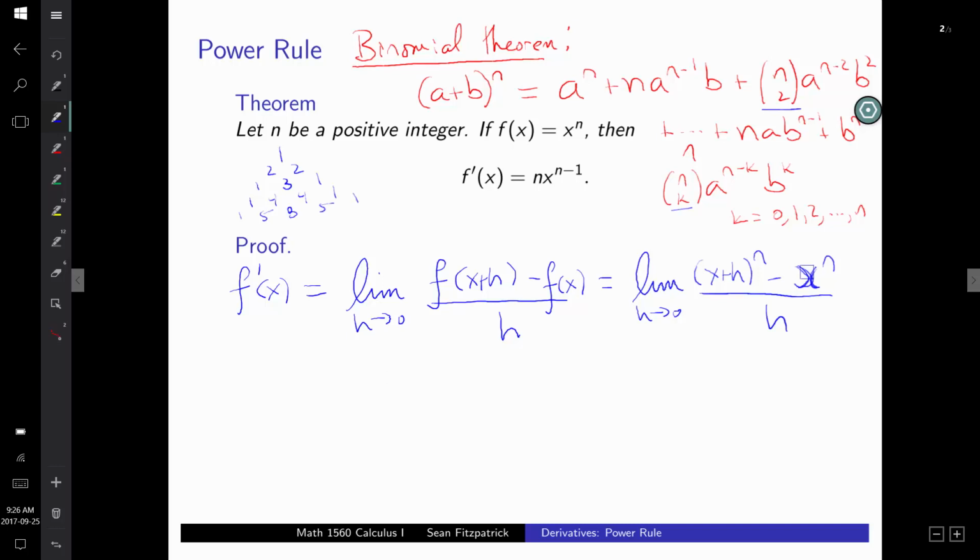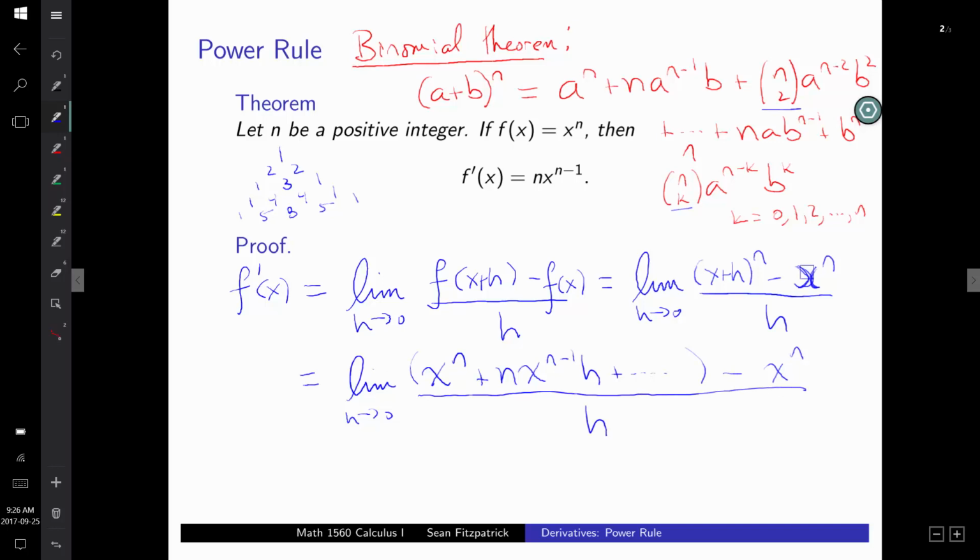Anyway, if we expand our binomial with x equals a and h equal to b, then we see that what we get is going to be the limit as h goes to 0, where the first term is x to the n. The next term is n times x to the n minus 1 times h, plus some other stuff.